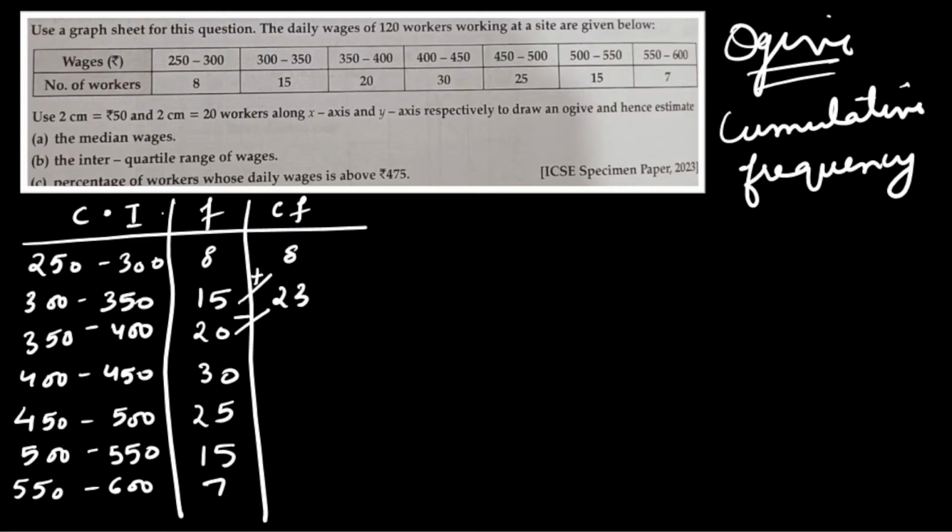Then 23 plus 20, 43. 43 plus 30, 73. 73 plus 25, so this you can add. So this is 98. 98 plus 15.